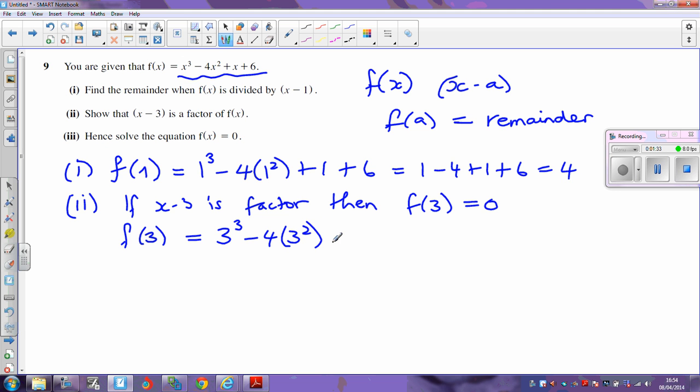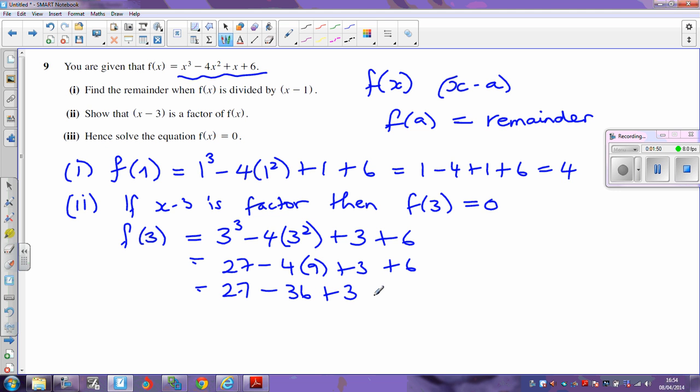Be really careful and make sure you show every step here. Plus 3 plus 6, well that comes out as 27 take away 4 lots of 9 plus 3 plus 6, well that's 27 minus 36 plus 3 plus 6, which is minus 9 plus 9, which equals 0.